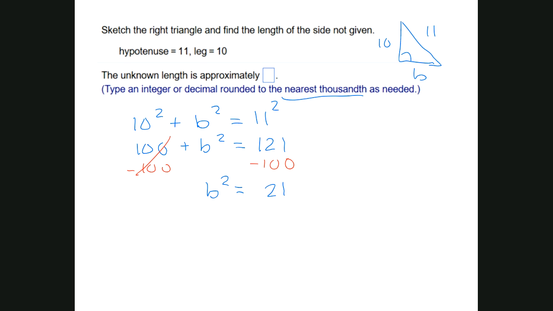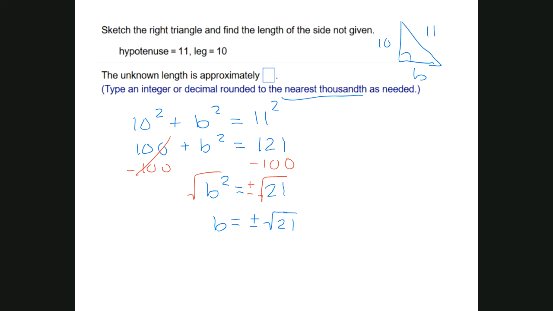Next, I'll go ahead and apply the square root property to both sides of my equation. And that will leave me b is equal to plus or minus the square root of 21.